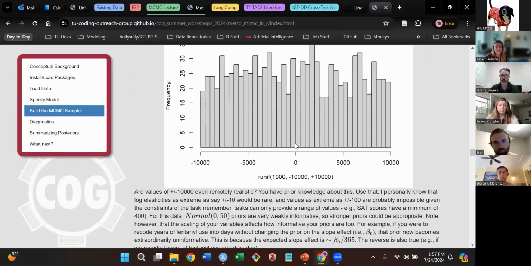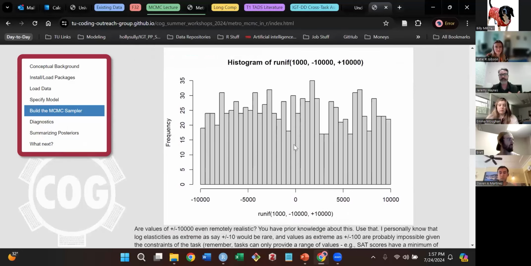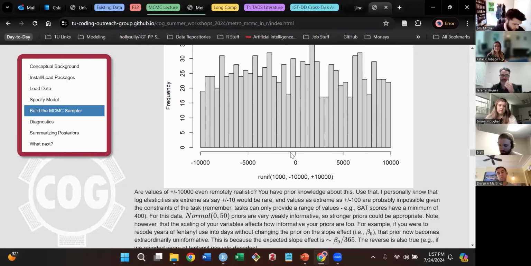And what you need to think about with your data is: is that realistic? Because I know these data, I know that's totally unrealistic, these values for, let's say, the slope or the intercept. And so that's something to think about with your priors, is that you're making some assumptions about your data.